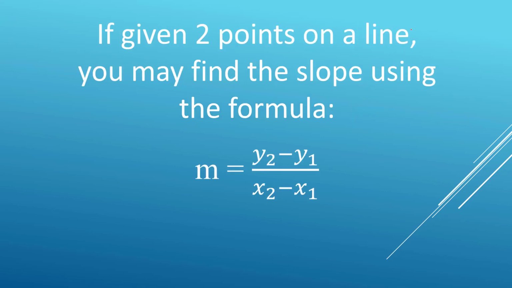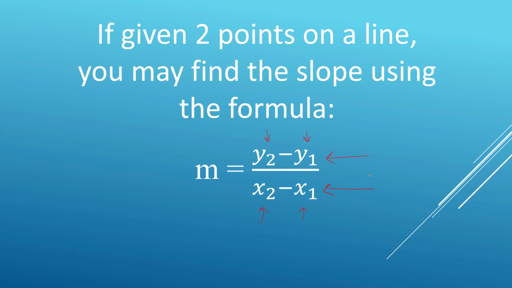Now, if you're given 2 points of a line, you can find slope using the formula M is equal to y2 minus y1 over x2 minus x1. And the way we've been talking about this a lot so far with functions is the change in the y's, in other words, the difference in y's, over the change in the x's.